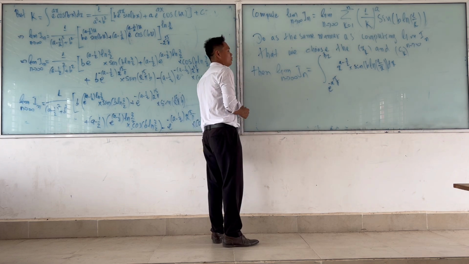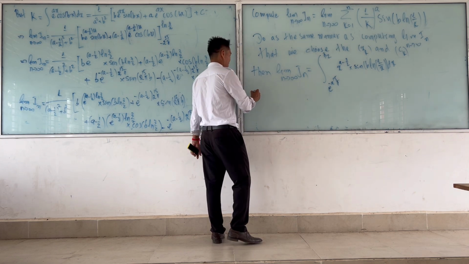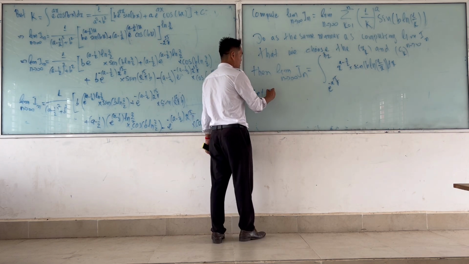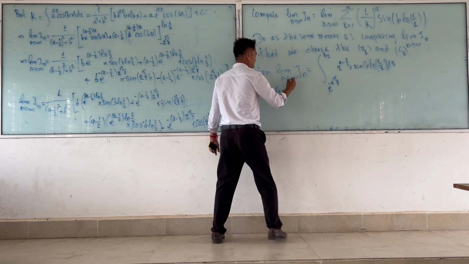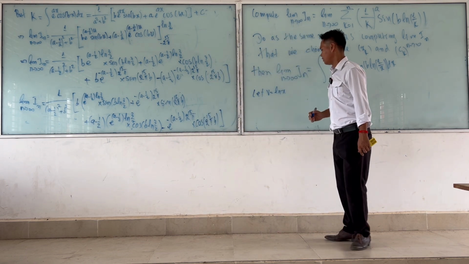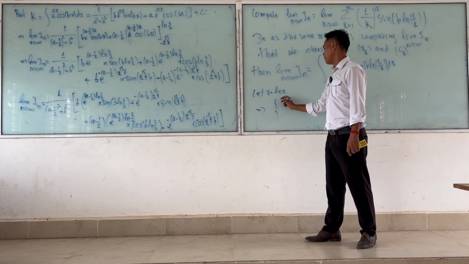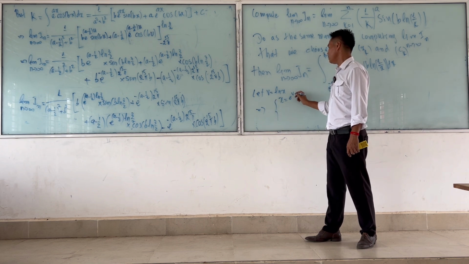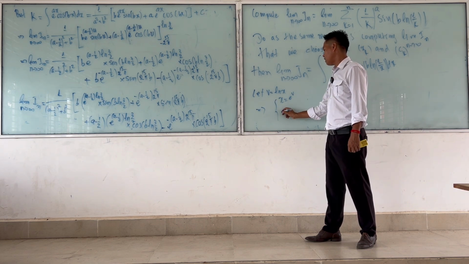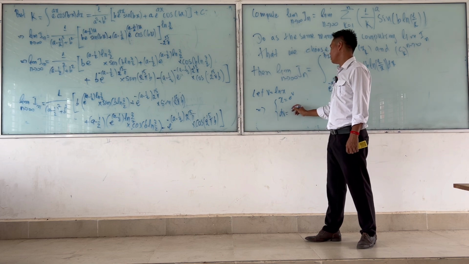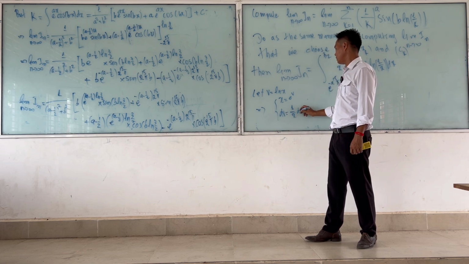So again, we use a change of variable. Let v equal the natural log of x. Then you get x equal to e to the power v, and dv equal to 1 over x dx, right?